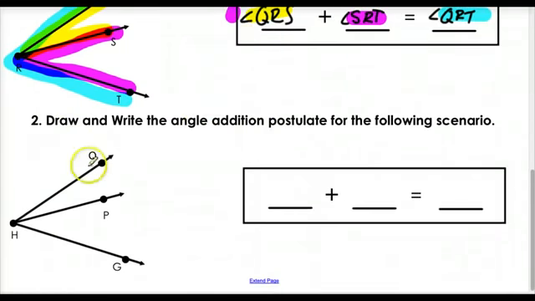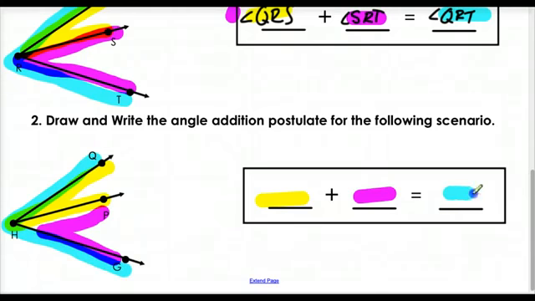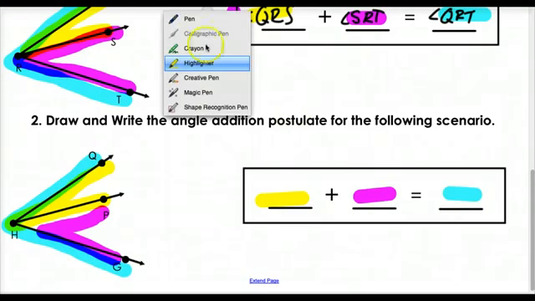Let's try this again. Let's start with highlighting this time. Just switch it up. Now this angle, the smaller angle, QHP, that's going to go right here, plus PHG, which is going to go right here, is equal to the bigger angle, this big one right here. Let's write it out in pen now. Let's get some angles going.